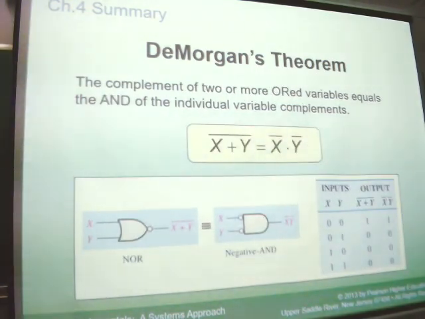And the bar over x plus y equals x bar and y bar. The dot can be deleted. That is the content of De Morgan's theorem.